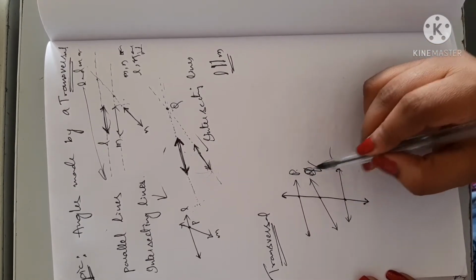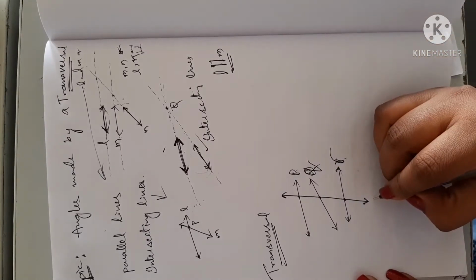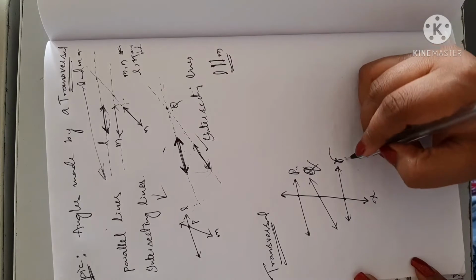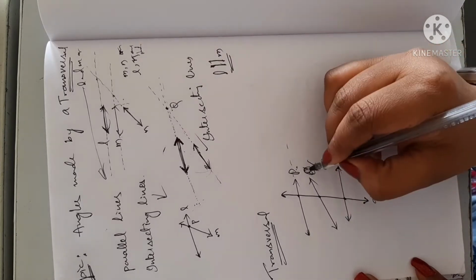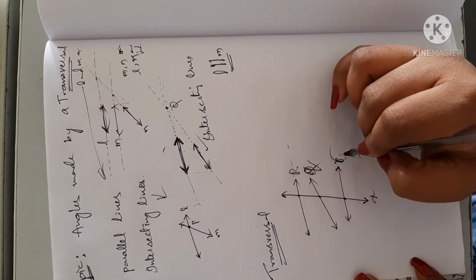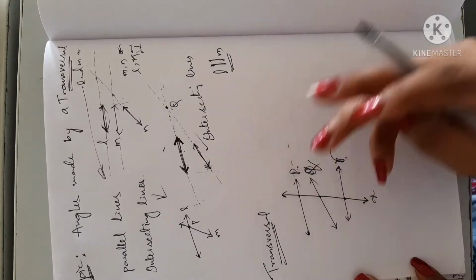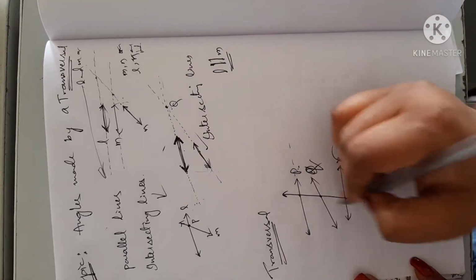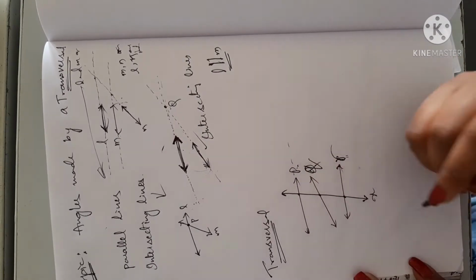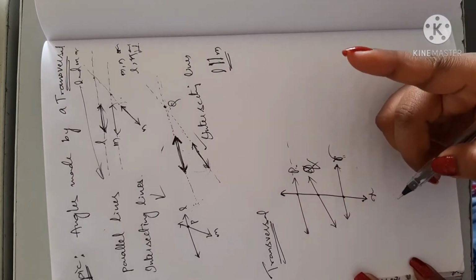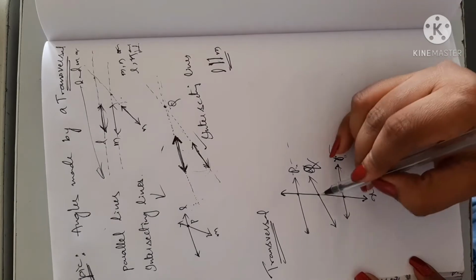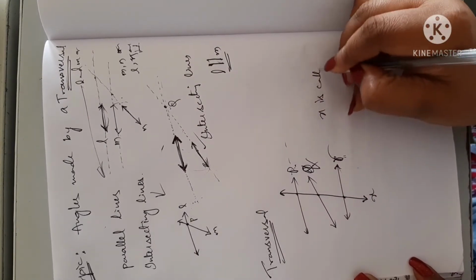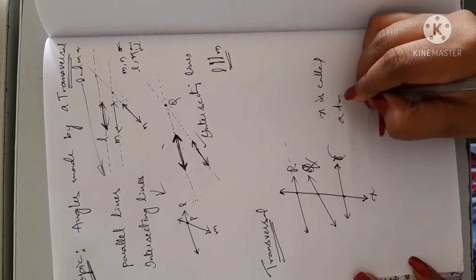So P, Q, R, and some X. Don't think about whether P, Q, R are intersecting or not. These are just three different lines, and one more line is intersecting all three at distinct, that is different, points. 1, 2, 3. So this X is called a transversal.